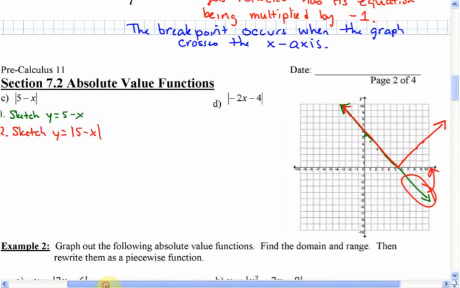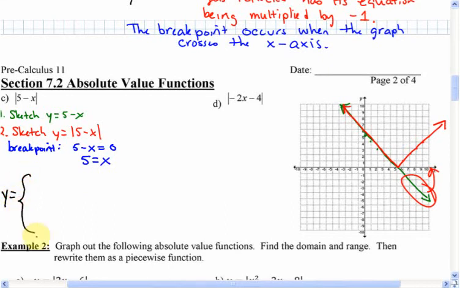So I'll write down here that the break point is 5. And if you wanted to find it algebraically without using your graph, just make the stuff inside the absolute value sign equal to 0 and solve.